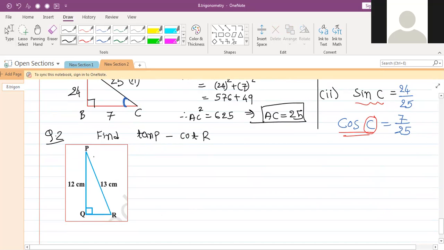First of all we can find the third side. We use the Pythagoras theorem: PR square is equal to PQ square plus QR square.